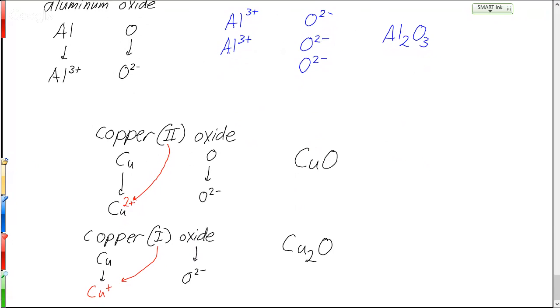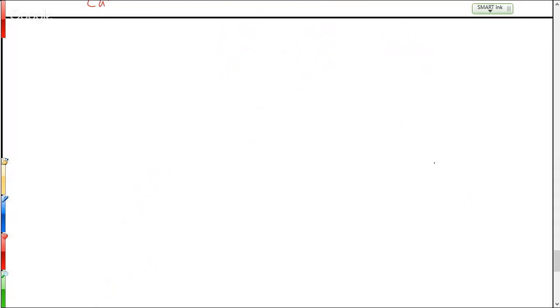All right, so that's how to build compounds. So now let's go the other direction. And this is, I'm not gonna say it's hard, but it certainly takes a lot of practice. Let's look at the rules for naming ionic compounds.